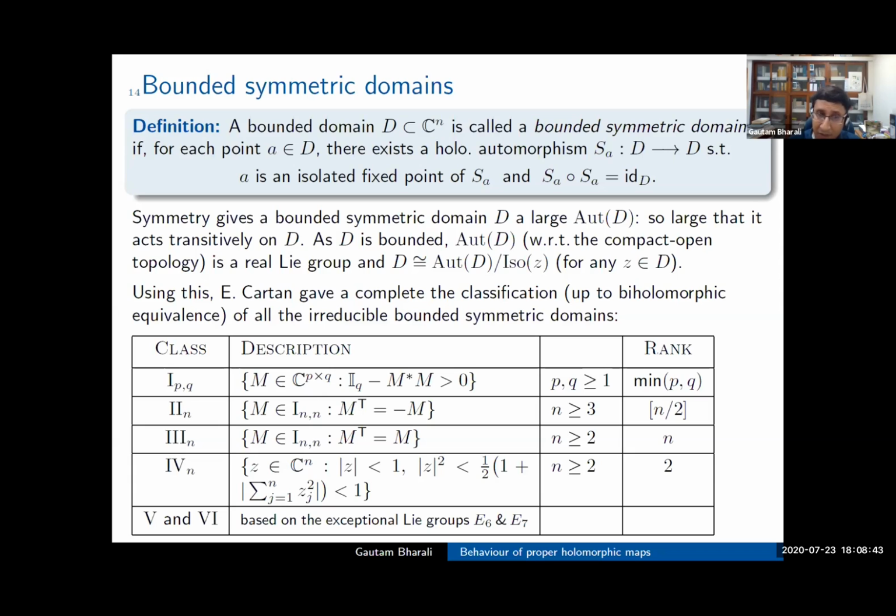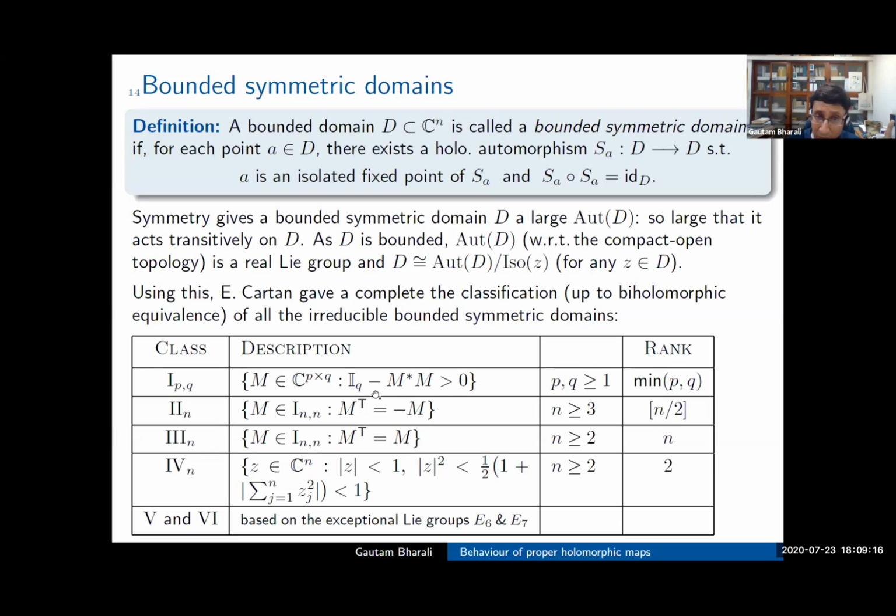So if I take 1 cross Q matrices and work out what this means, I take Q equal to 1 and P some positive integer. Let's parse what this statement means.